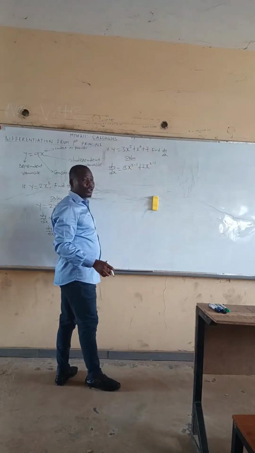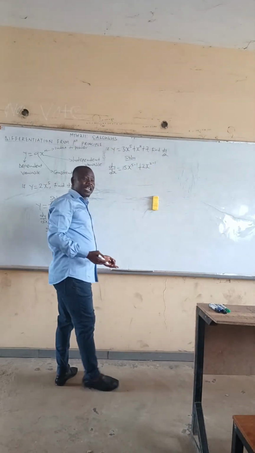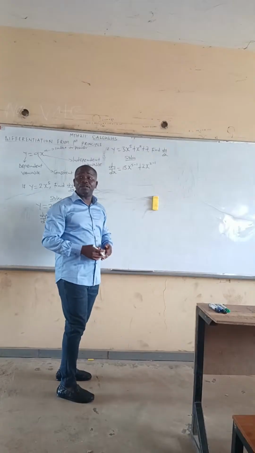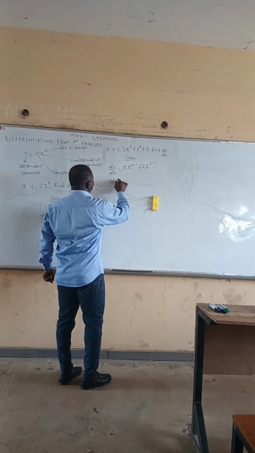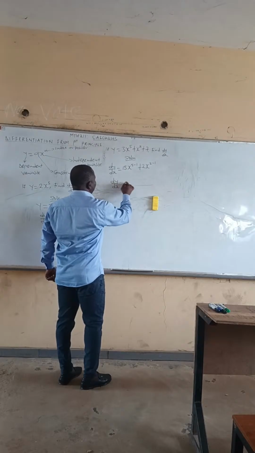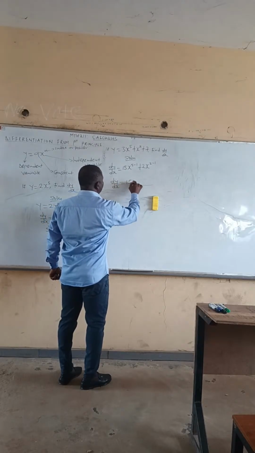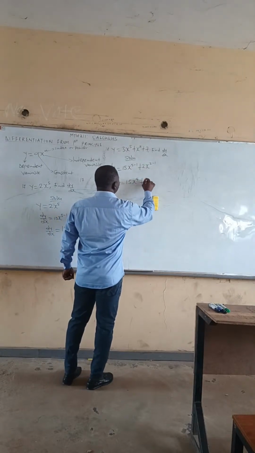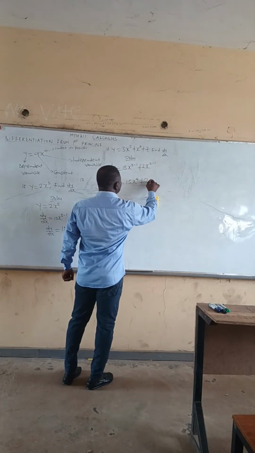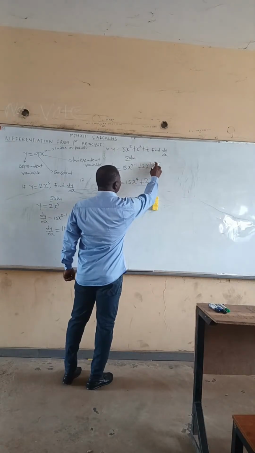This is 0. It's not necessary to write plus 0, but if you feel like, amen? Then our dy over dx is going to be 15x^(5 minus 1) plus 2x^(2 minus 1).